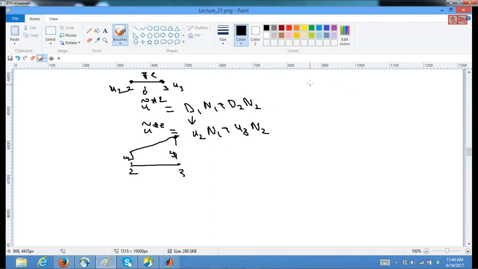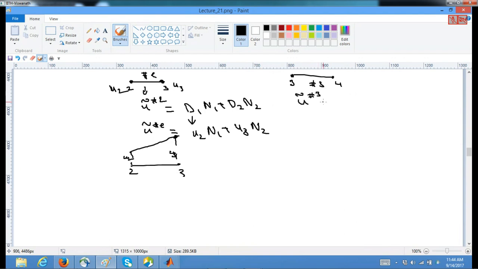Now if I take the next element, element 3, which is between nodes 3 and 4, here I can again write my approximation.